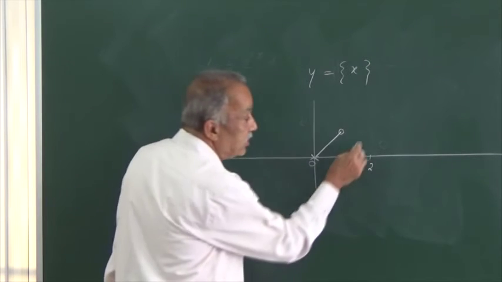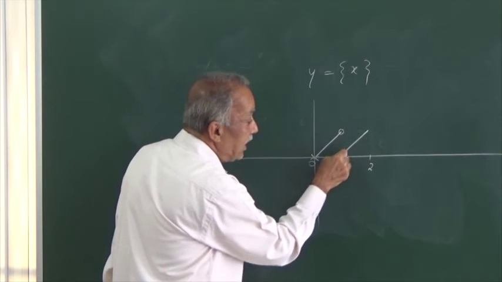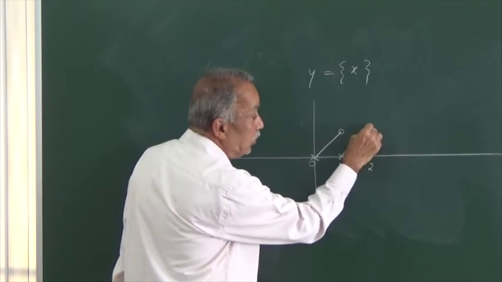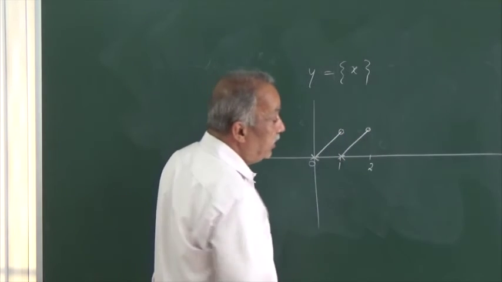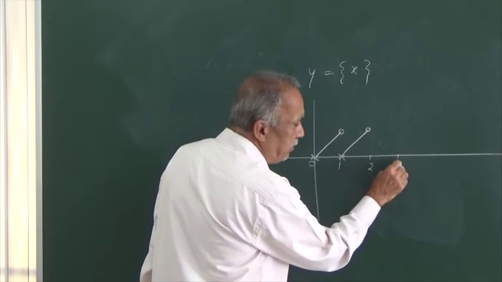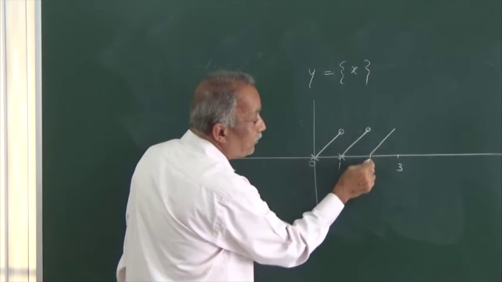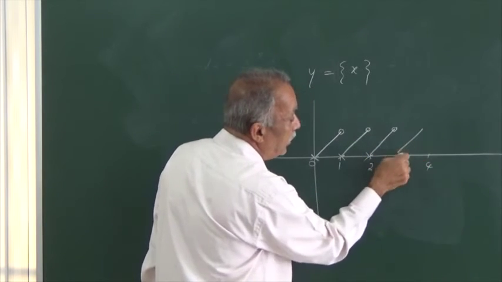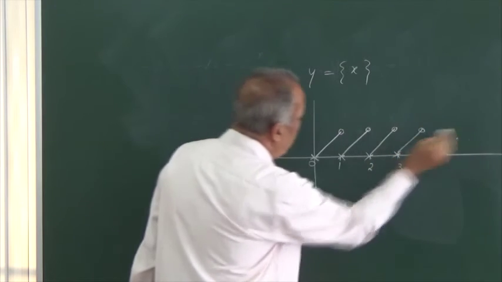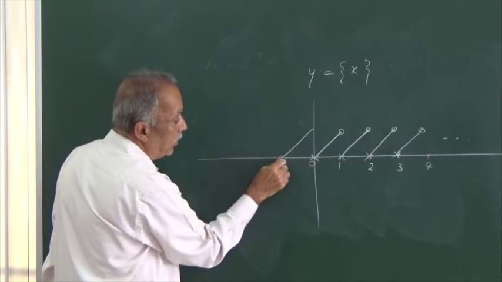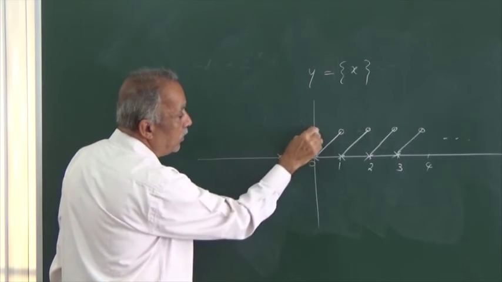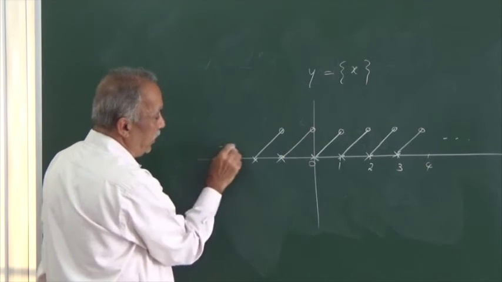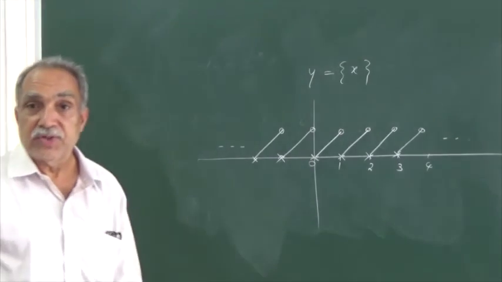Am I right? Yes, the graph will be like this, parallel to this segment, again 1 included, 2 excluded, point above 2 excluded. For numbers between 2 and 3, so the graph will look like this.